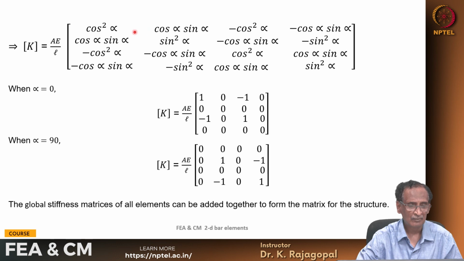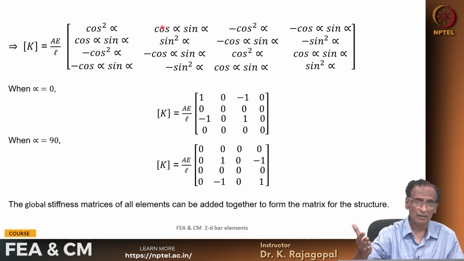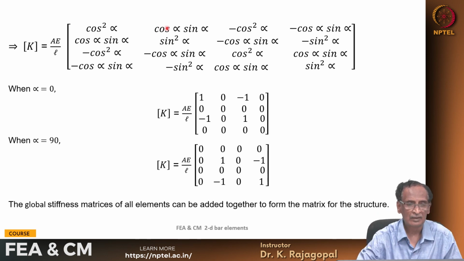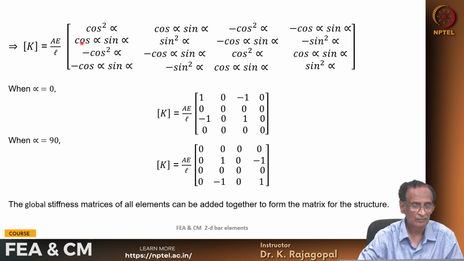You see our stiffness matrix is symmetric, that is the upper diagonal terms are equal to the corresponding lower diagonal terms: cosine alpha sine alpha, and the same thing, cosine alpha sine alpha, minus cosine alpha sine alpha here, minus cosine alpha sine alpha. So when alpha is 0, you get K like this, and when alpha is 90, you get K like this.